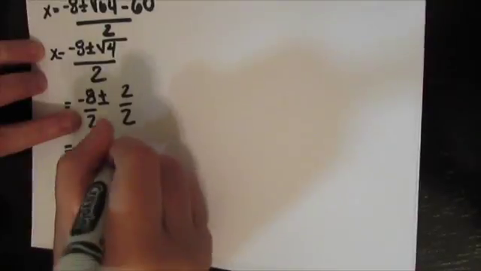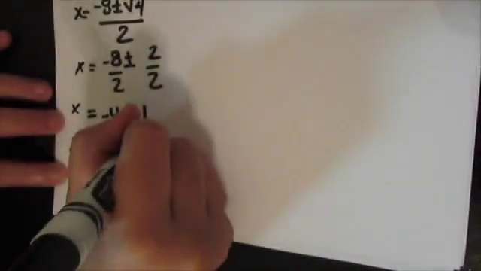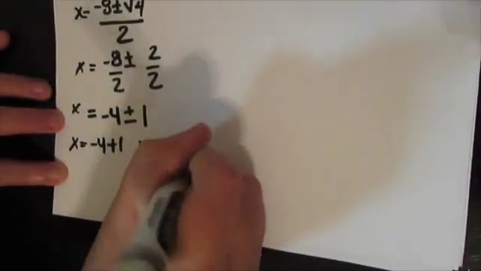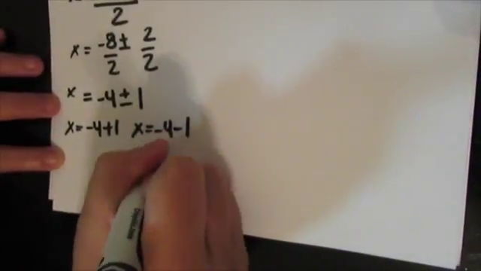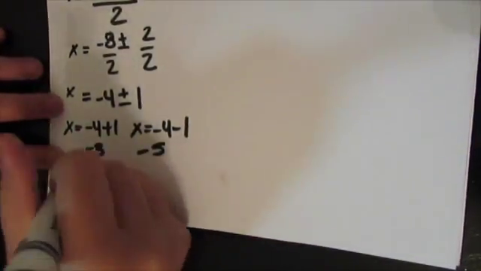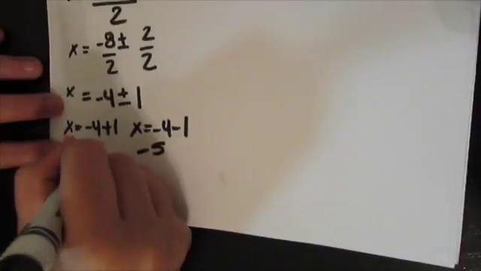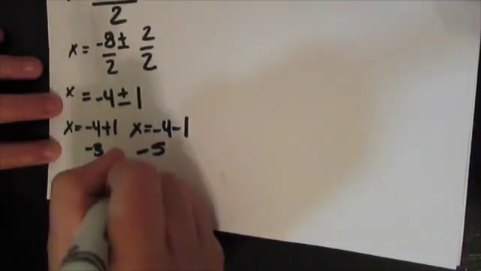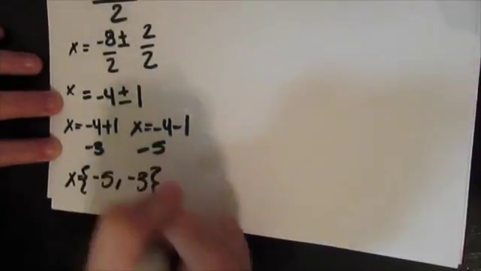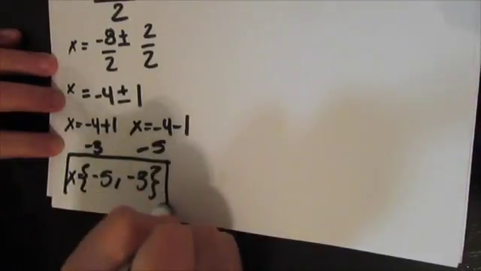And then this would be -4 plus minus 1. So then x equals -4 plus 1, and x equals -4 minus 1. This would be -3, and this would be -5. So x equals the set of -5 and -3. This would be your answer.